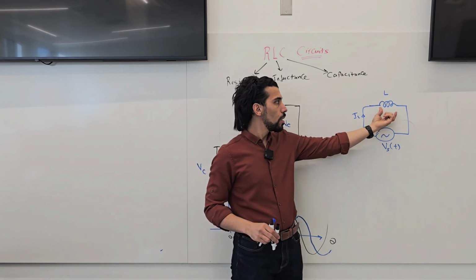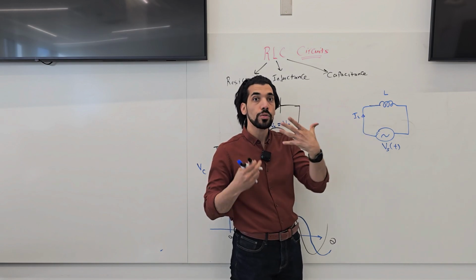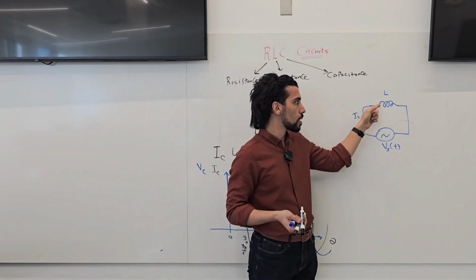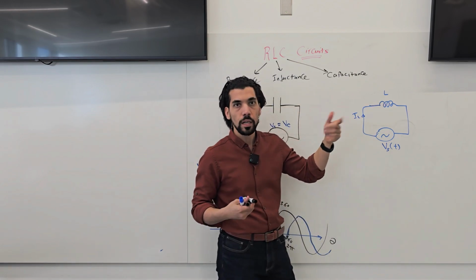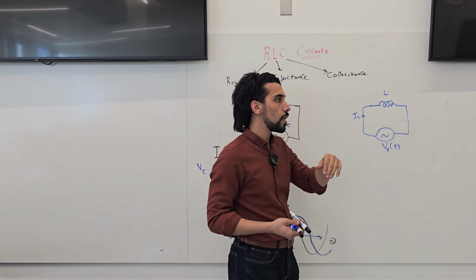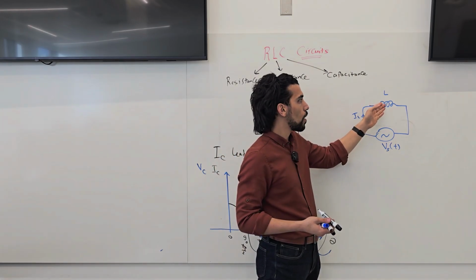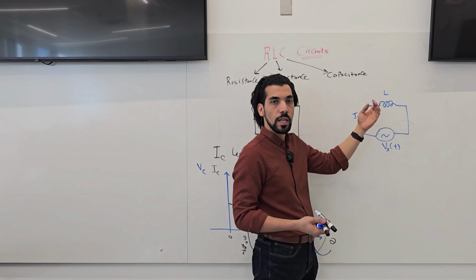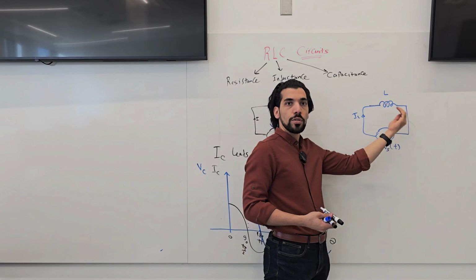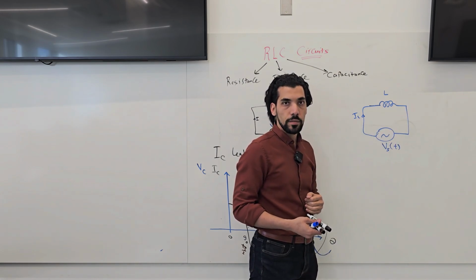But as you know, the coil itself, when the current starts to go through it, is going to create or generate some magnetic field. Current going inside a metal or a coil, or a wire, starts to generate a magnetic field. And using Faraday's law and Lenz's law, when the current starts to increase inside the coil, it generates a magnetic field that creates a voltage opposing the increase of the current itself.